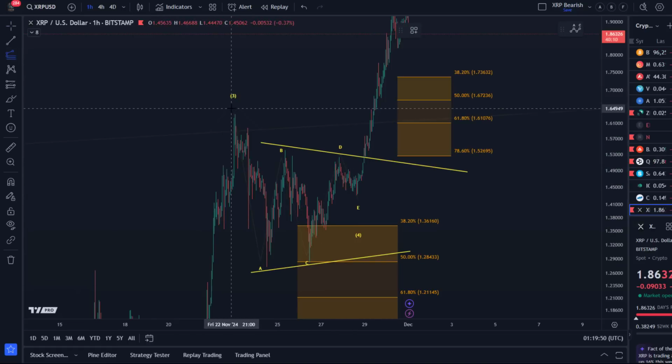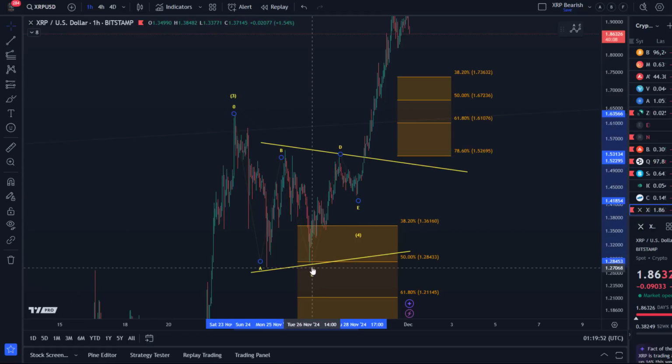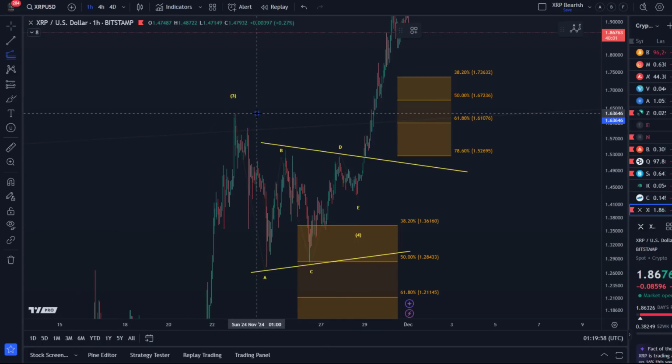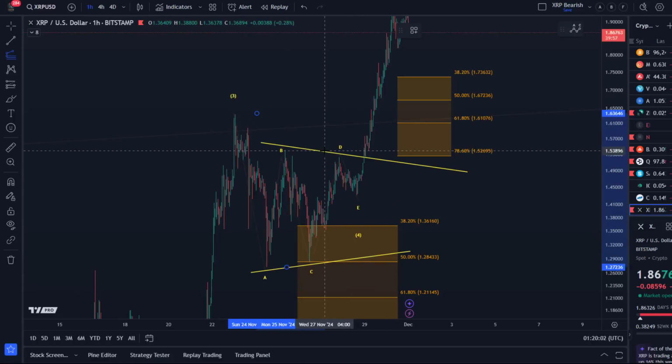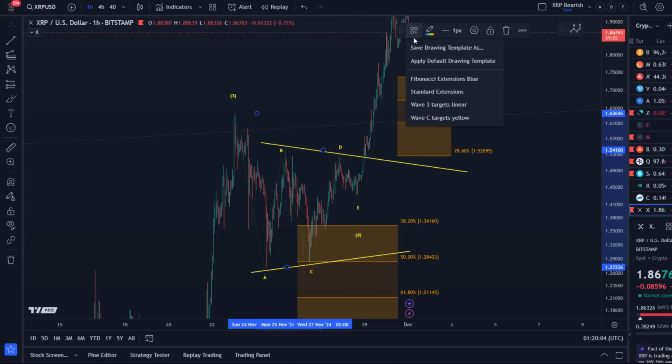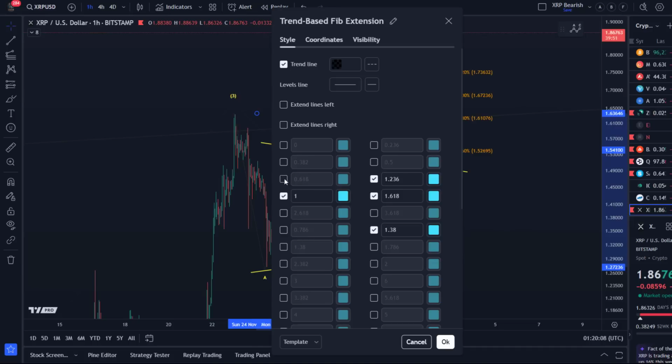Just to show you how to measure the target, we have here a so-called A, B, C, D, E structure. And to measure a target for the C wave, we take the length of the A wave, and then we're looking for either the 38.2 extension, the 61.8, let me activate these, or even the 78.6.